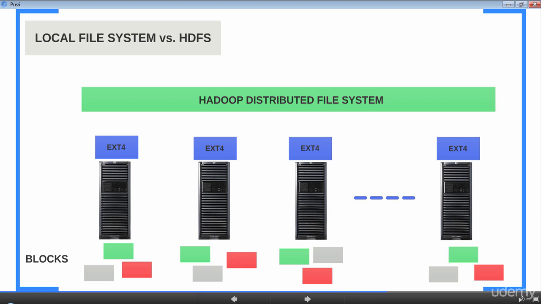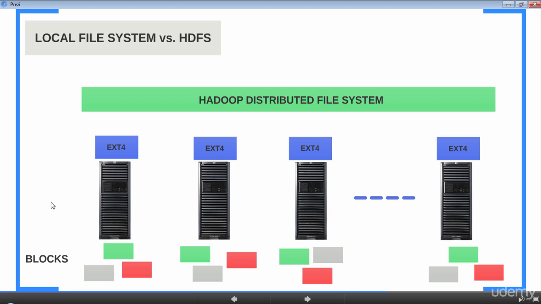Similarly, node 2 has no idea of what is in node 1. Since the ext4 file systems in both node 1 and node 2 are local to each node, there is no way they can have a global or distributed view of the entire 10-node cluster. That is why we say the ext4 on individual nodes is a local file system. Make sense?